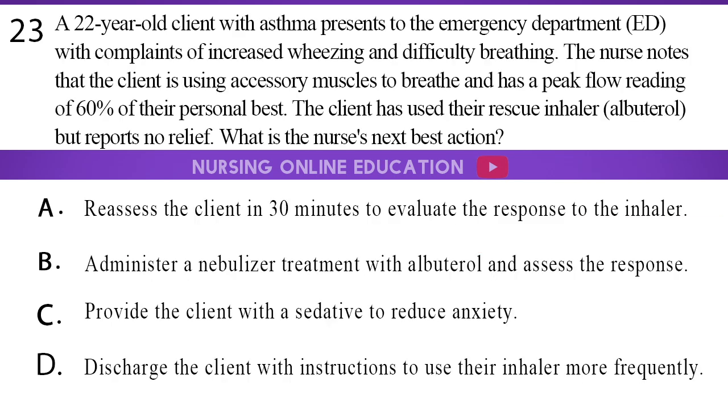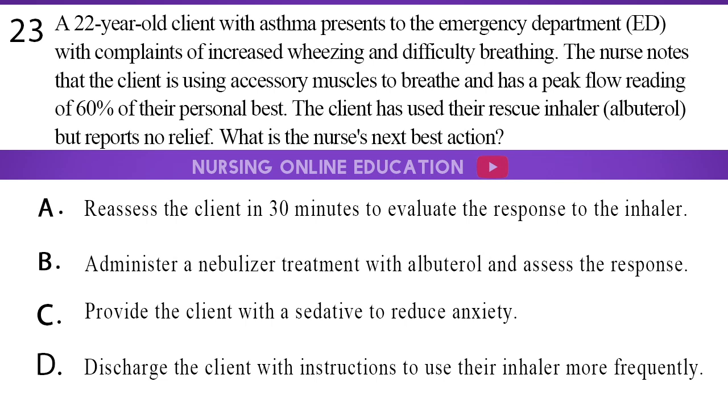23. A 22-year-old client with asthma presents to the emergency department, ED, with complaints of increased wheezing and difficulty breathing. The nurse notes that the client is using accessory muscles to breathe and has a peak flow reading of 60% of their personal best. The client has used their rescue inhaler, albuterol, but reports no relief.